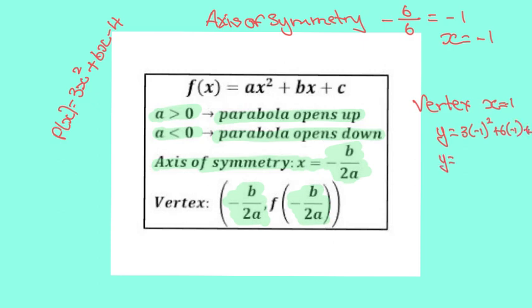So y equals, minus 1 squared is 1, so 3 plus minus 6 minus 4, which is y equals minus 7. So the vertex is at minus 1, minus 7.